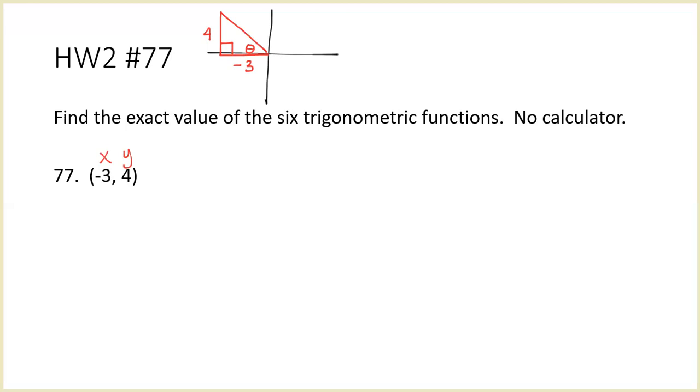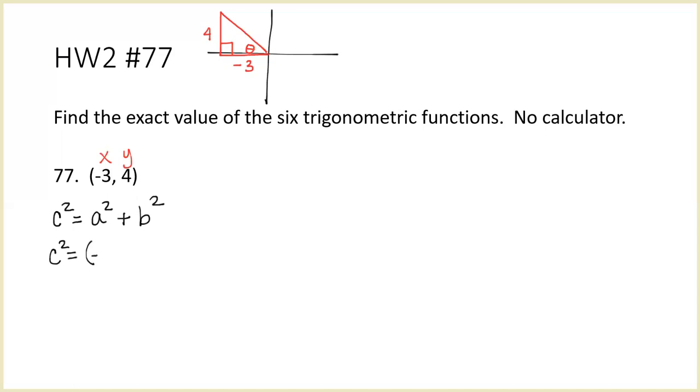So we're going to use the Pythagorean theorem, because that is what you use when you have two sides of a right triangle and you need to know the third side. My hypotenuse is what we're trying to figure out.